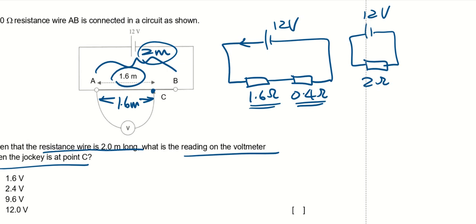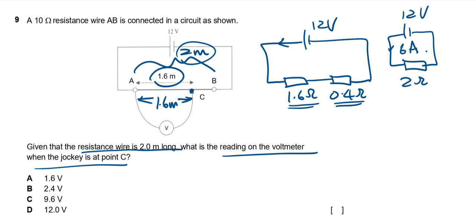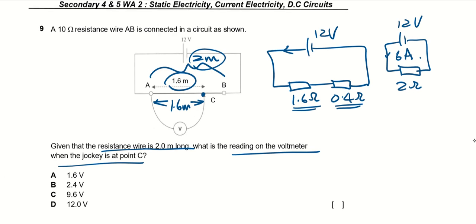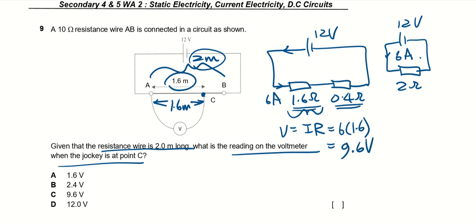Therefore the current will be 6 ampere. If it's 6 ampere, that means I'm going to have 6 ampere passing through this 1.6 ohm. And because V equals IR, my V is going to be 6 times 1.6. So I'm going to get 9.6 volts, which is the answer. But let us check. How about for this 0.4 ohm?